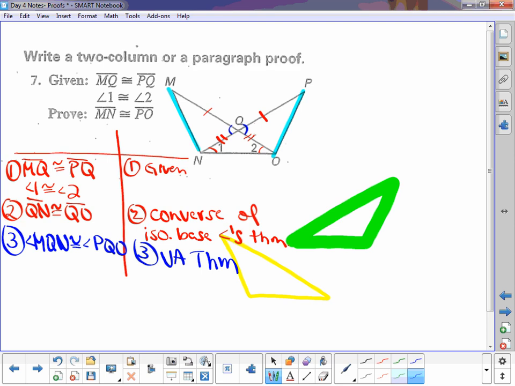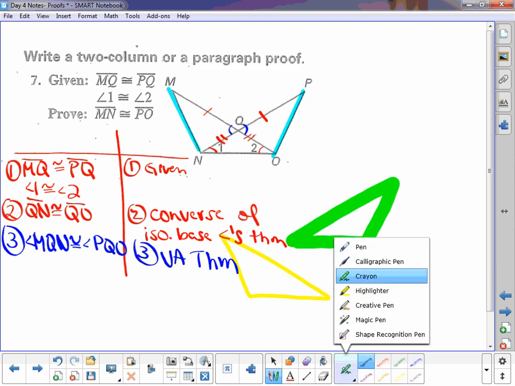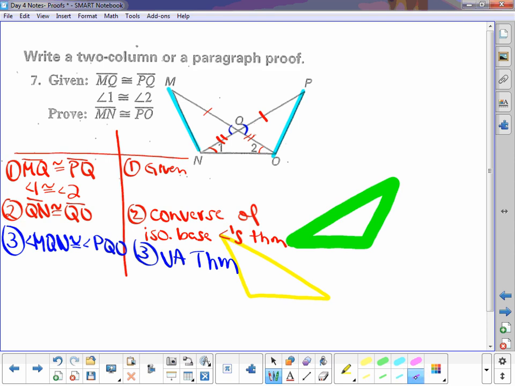Alright, so now if I look at those bow tie triangles, I can say those two triangles are congruent by side angle side. So let's do that next. I have triangle MQN is congruent to triangle PQO.